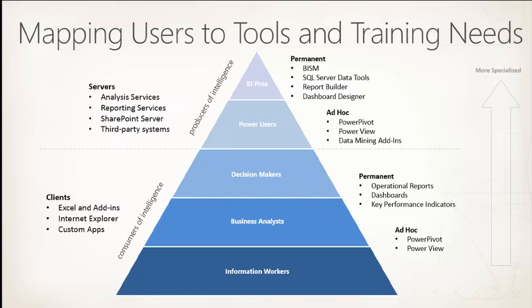When I publish a Power Pivot workbook to a team, then I'm a power user that enables a team to do certain things more efficiently than before. And the tools here are a little bit different. On the professional side, we have SQL Server Data Tools, which I briefly showed you when I migrated a workbook to a tabular database. And those are pretty much the tools that we offer in the Microsoft BI space. Of course, there's more when you have third-party solutions.